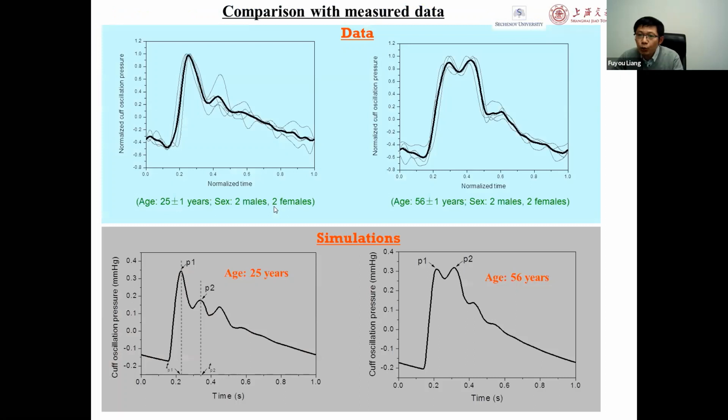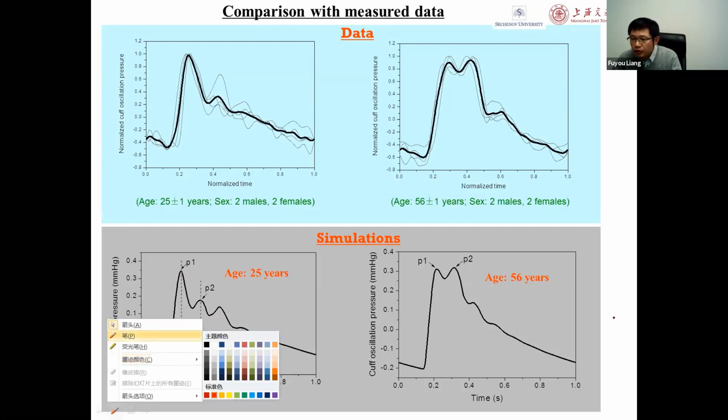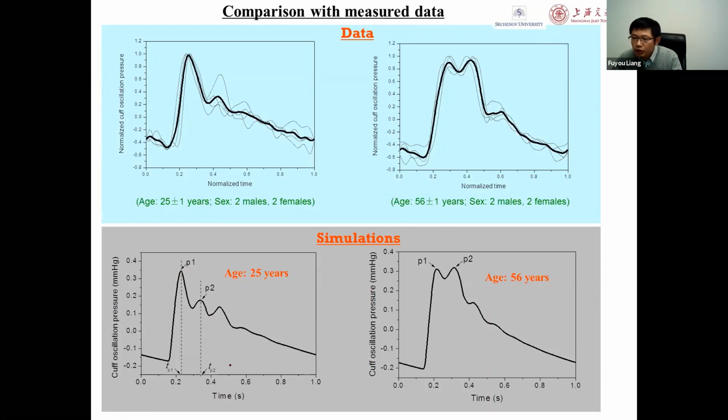And also we measured the suprasystolic cuff wave. The upper panel shows the measured cuff waves for young subjects and middle-aged subjects. And the lower panels show the model simulated results.